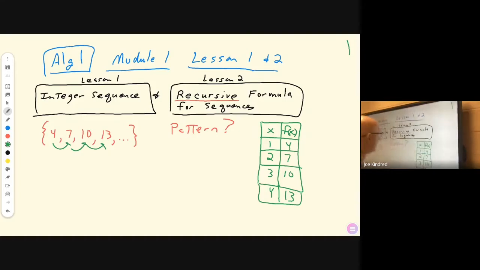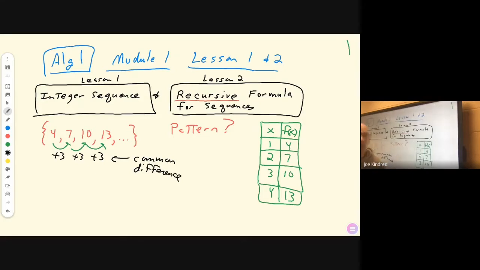But first, the pattern. It seems that we have a +3, +3, and +3. This is what's called the common difference.